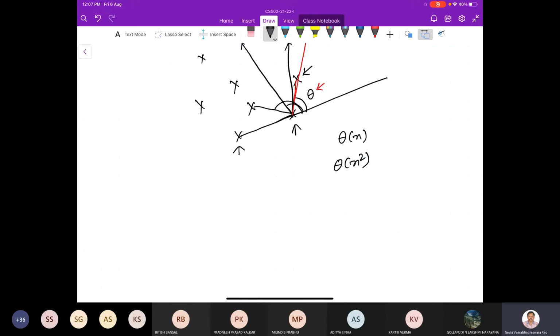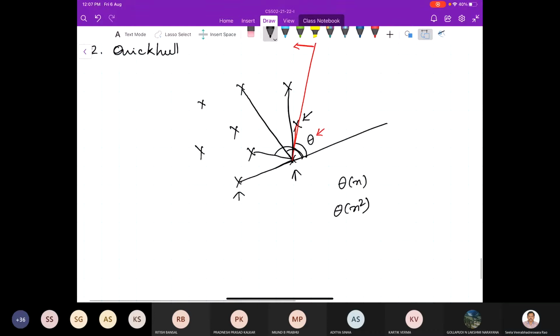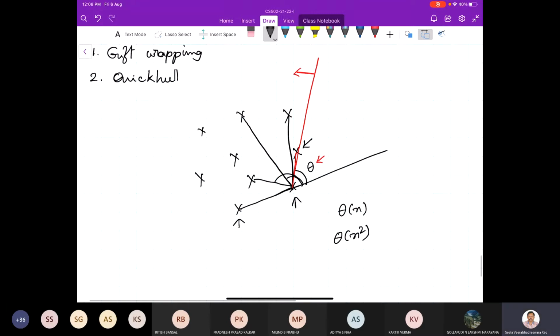Okay, is this clear? This is what is called gift wrapping. Any questions here?